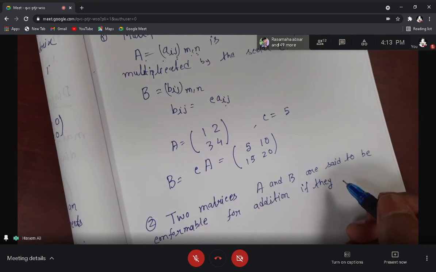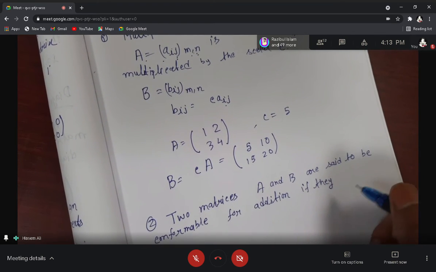Two matrices A and B are said to be conformable for addition if they have the same order.